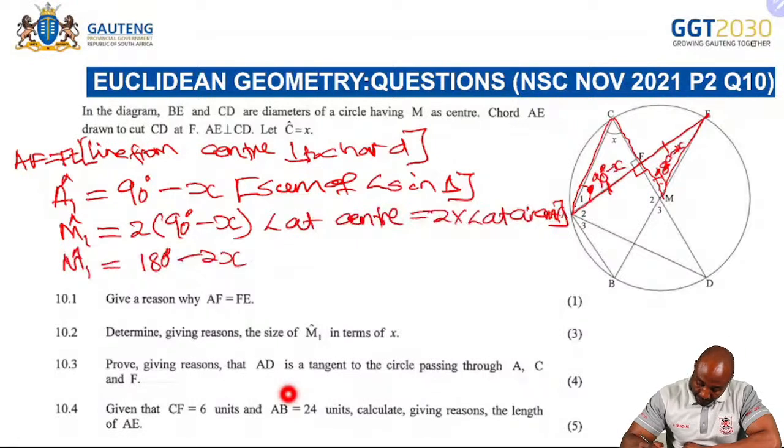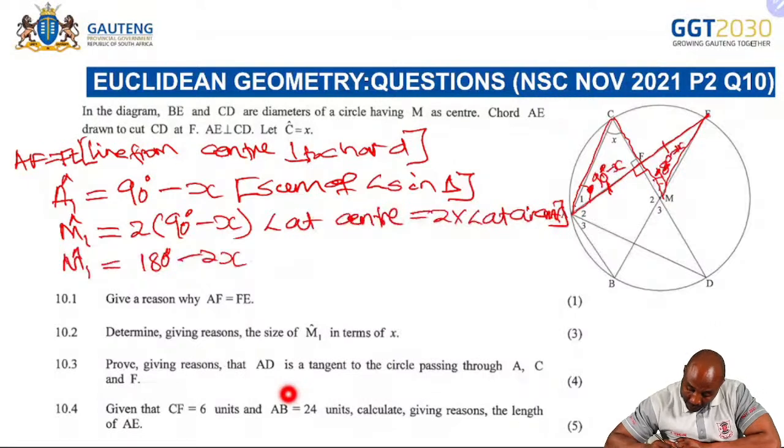Prove giving reasons that AD is a tangent to the circle passing through A, C, and F. Here, there is no circle drawn. It's an imaginary circle, but we have to prove that it is a tangent. Remember, we said we have to prove that one of the angles is equal to that particular angle.